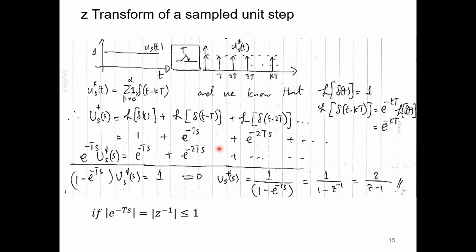Now, in mathematics, we deal with sequences, right? So I think you're ready to deal with that kind of thing. This is a sequence, right? You have the ratio between these two, e to the minus t, and then e to the minus ts.